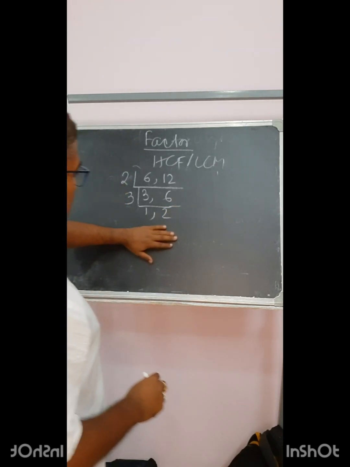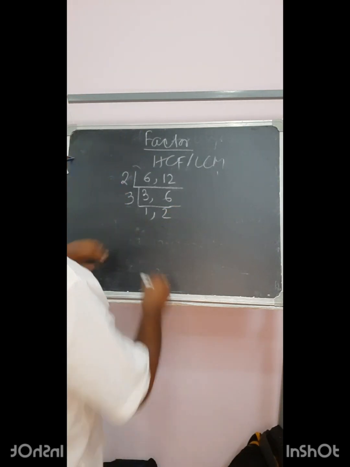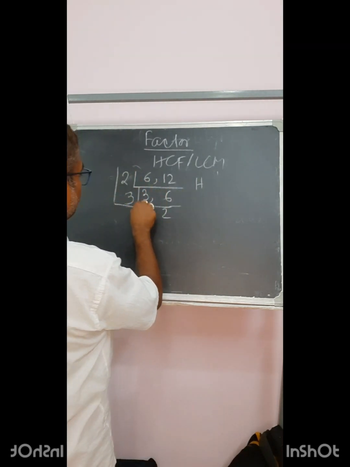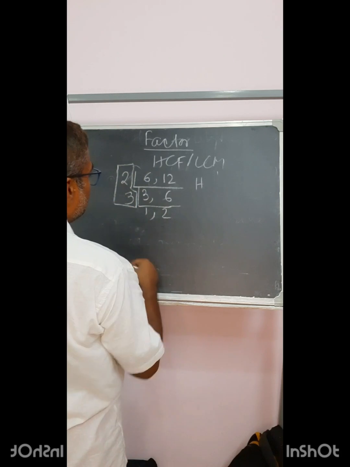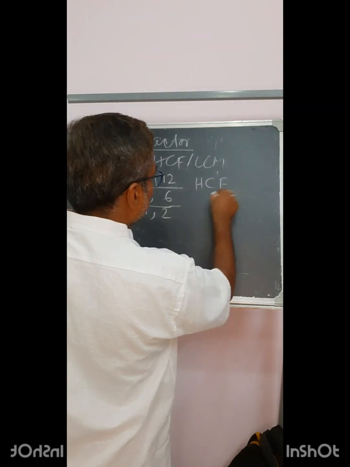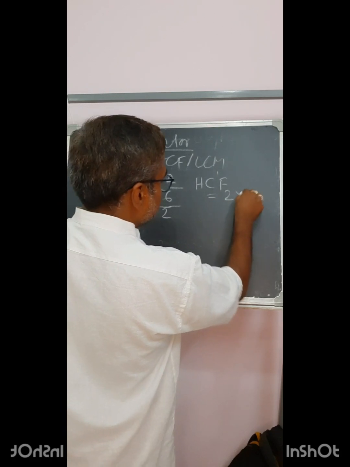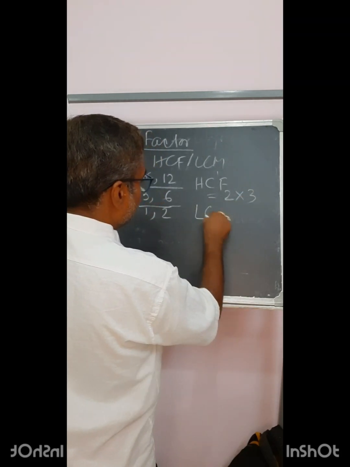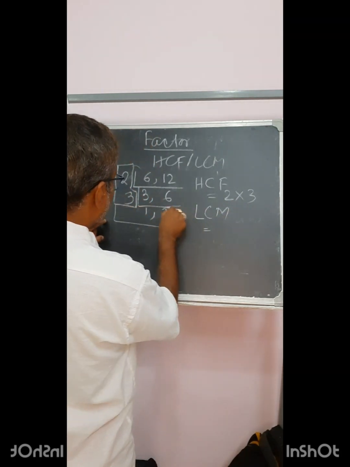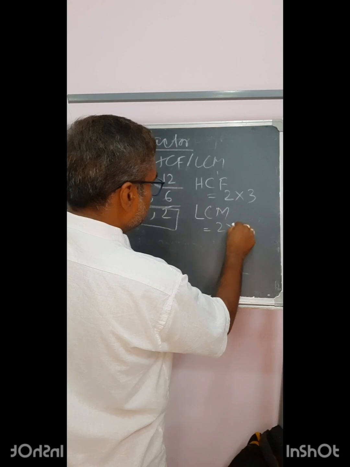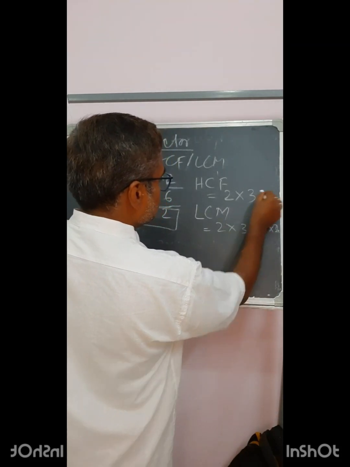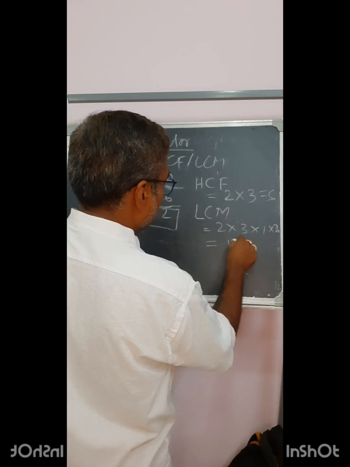So further it will stop here, and the HCF in this case will be the factors on the left hand side; when I multiply them together, it will give you the HCF. The LCM I will get by multiplying all such factors. That means 2 into 3 into 1 into 2. In this case, this is 6 and this is 12.